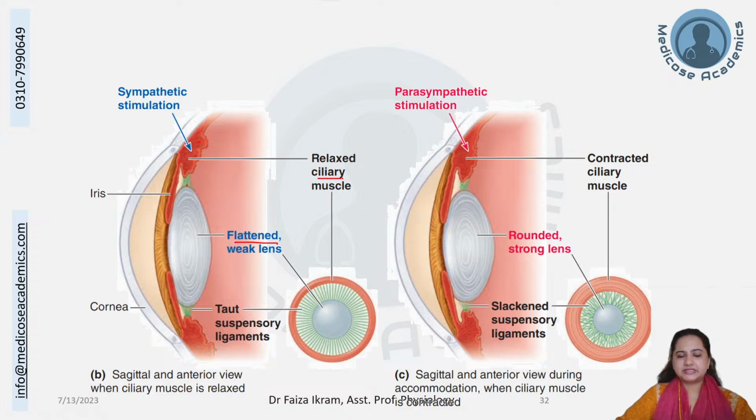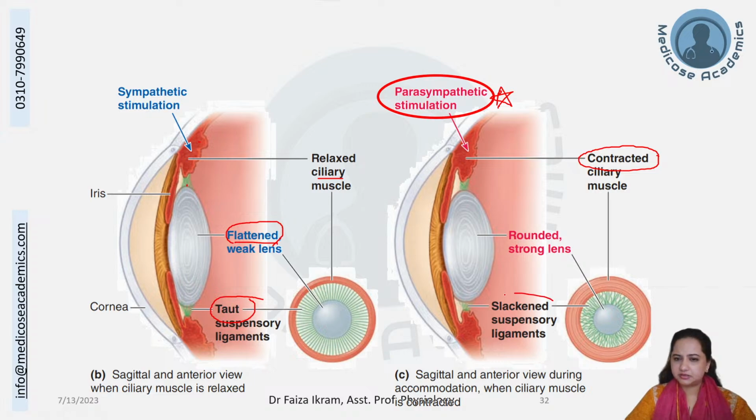Until the ciliary muscles are relaxed, these ligaments will be taut and the lens will be flattened. If there is parasympathetic stimulation, the ciliary muscles contract, the ligaments become relaxed and the lens becomes more rounded.